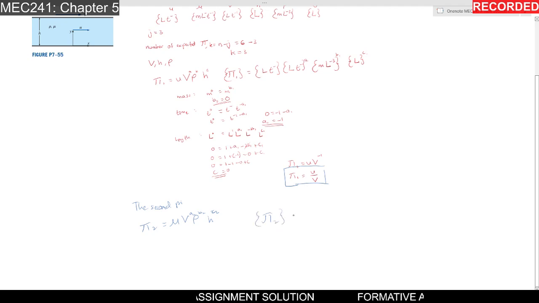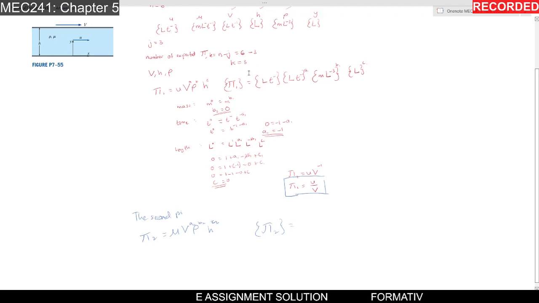So we put in the respective dimensions. For the viscosity, the dimensions are mass times length to the power of minus 1 and time to the power of minus 1. And for the V, we have length times time to the power of minus 1, so we put a2.